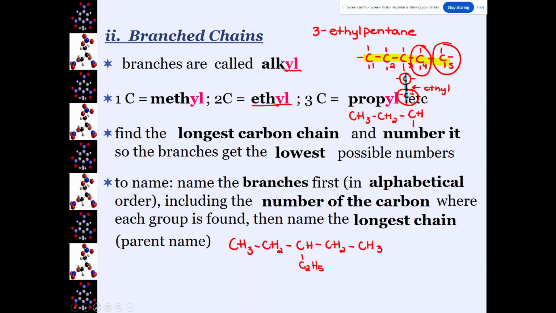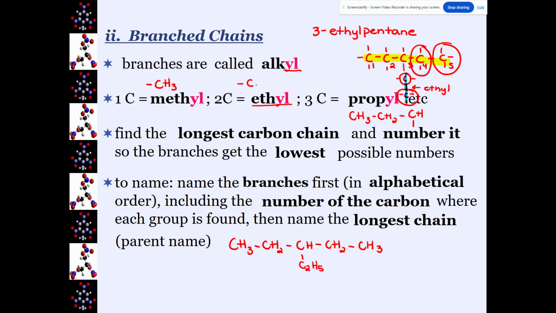Now, kind of a shortcut, when you're trying to figure out how many hydrogens you have in a branch of any type of hydrocarbon, methyl is always, as a condensed branch, CH3. The carbon is bonded to another carbon, and then the rest of the 4 bonds are hydrogens.